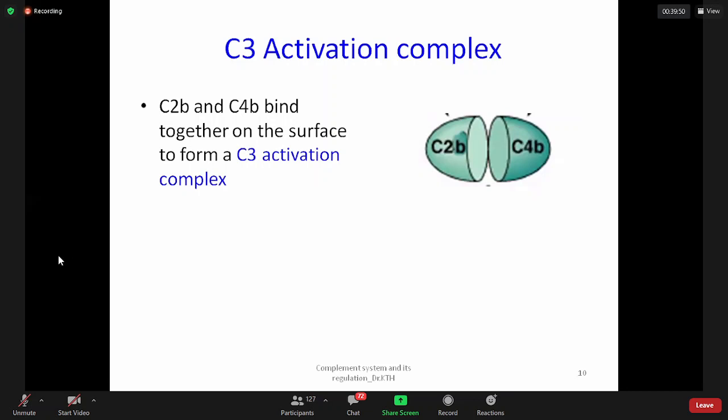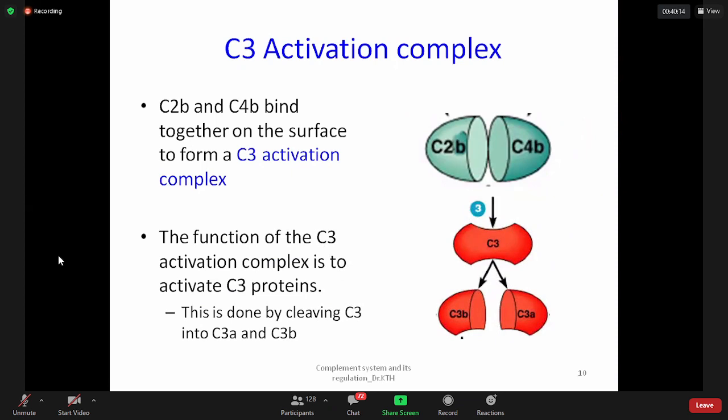So there's something called the C3 activation complex. We have a C2B and C4B, which we said come from the splitting of C2 and C4. Now, together, C2B and 4B will complex and they form a C3 activation complex.